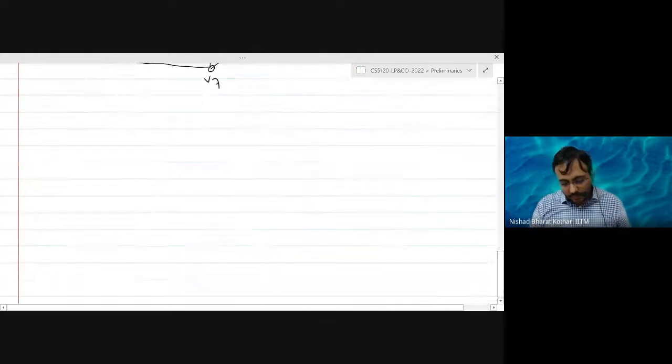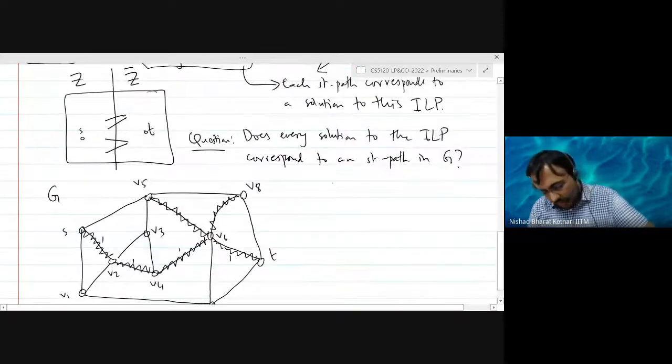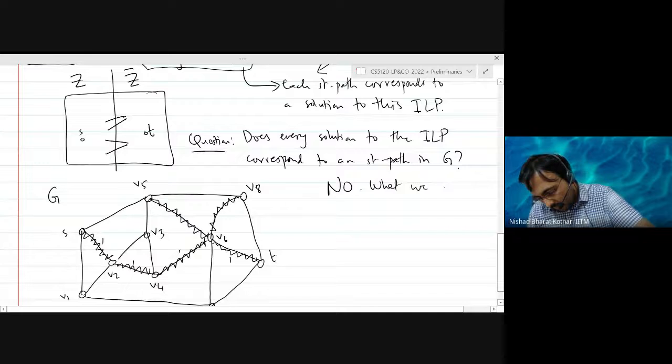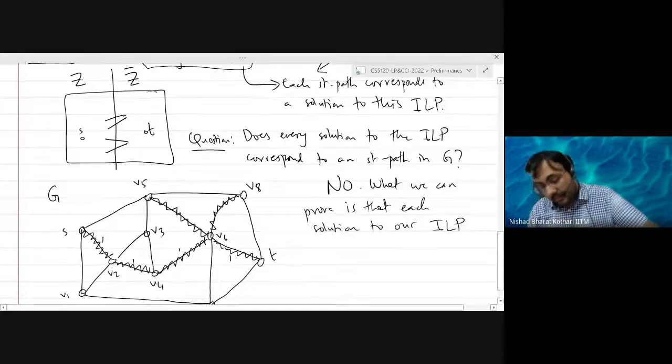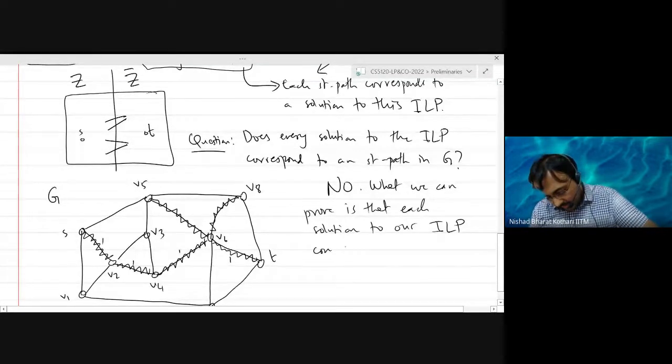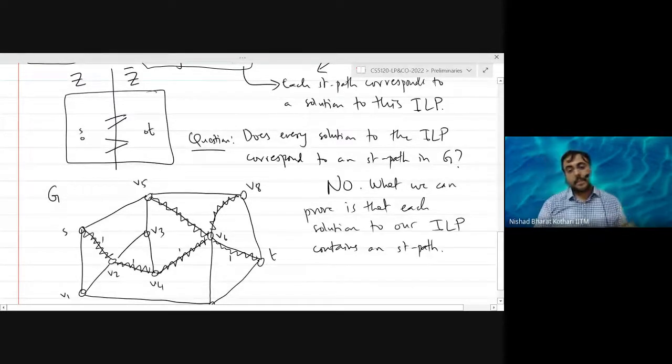Okay, so the point I want to make is that the answer to this is no. What we can prove is that each solution to our integer linear program contains an ST path. Right?